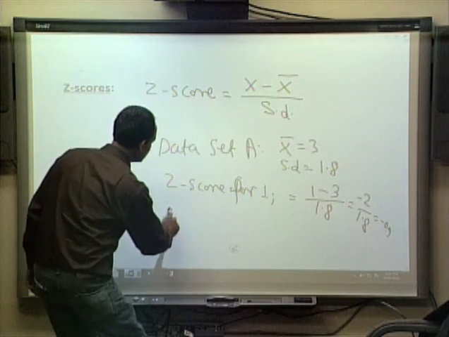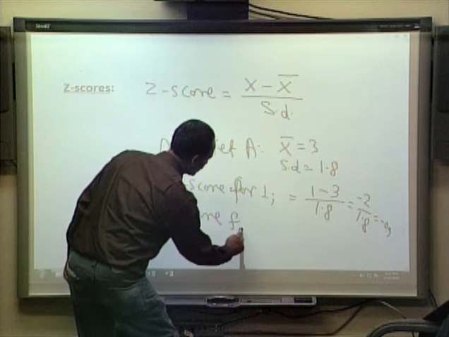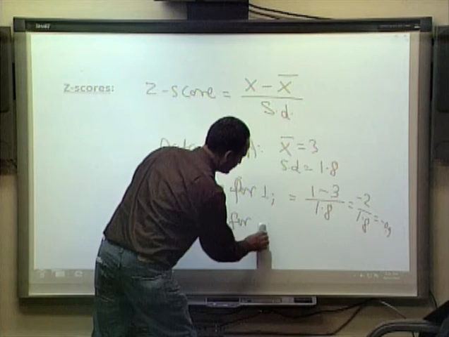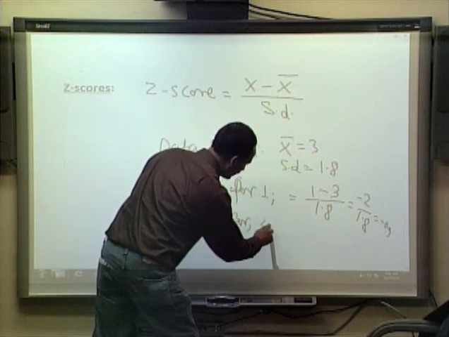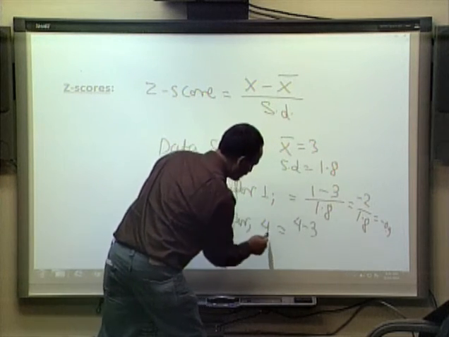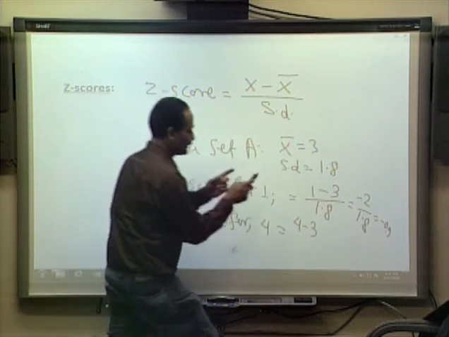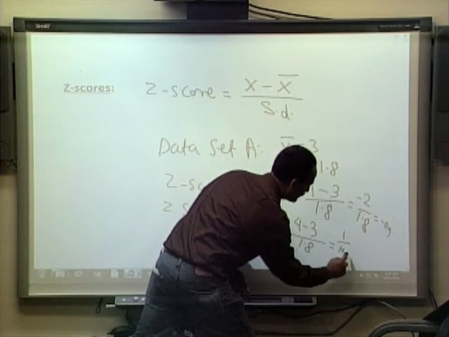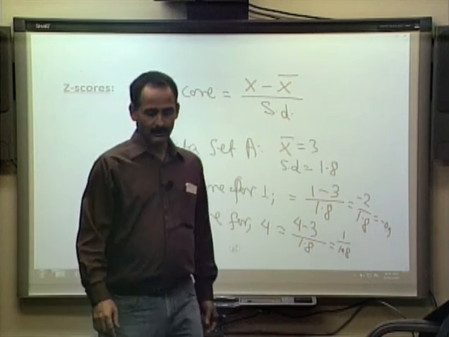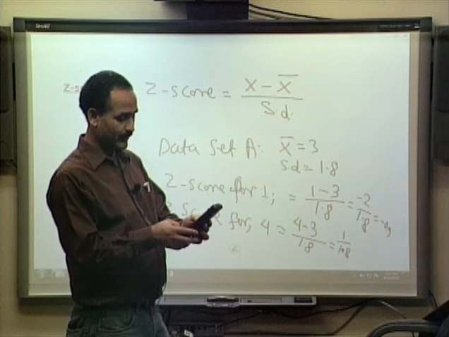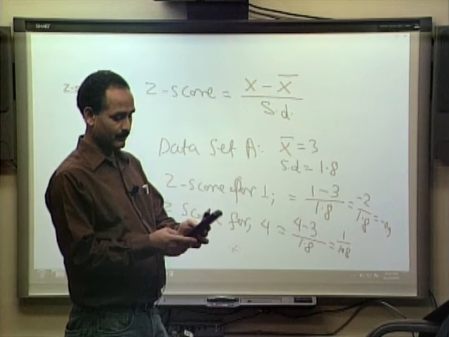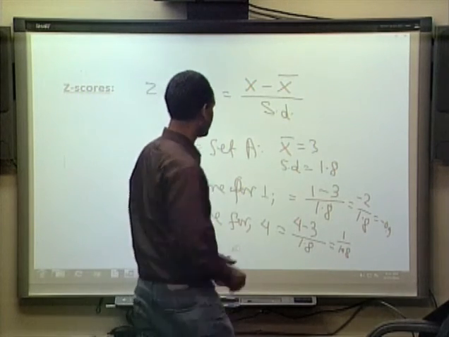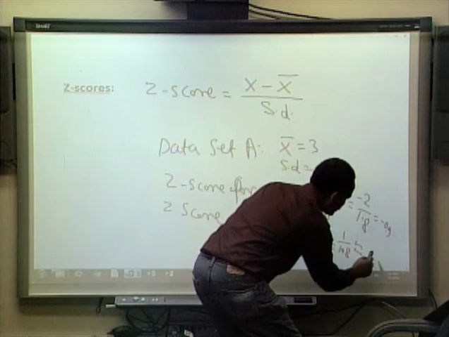Similarly, the Z-score for 4 or 5, let's say 4. The Z-score for 4 will be 4 minus 3, the observation minus the mean, divided by 1.8, so this will be 1 divided by 1.8, which is 0.5555, so almost 0.6.